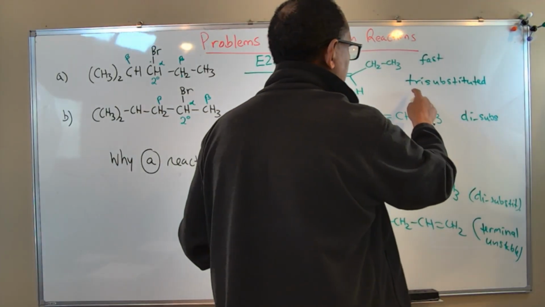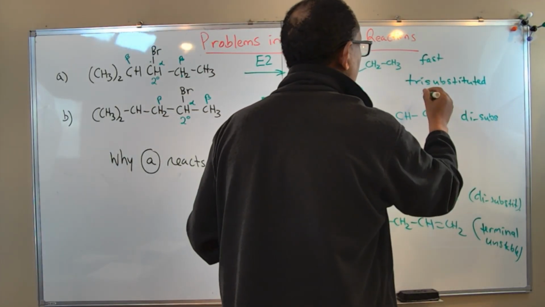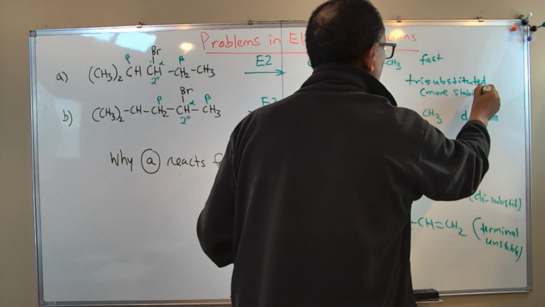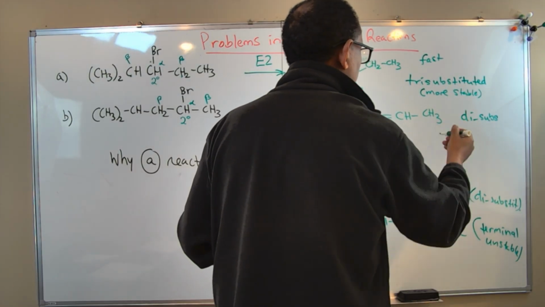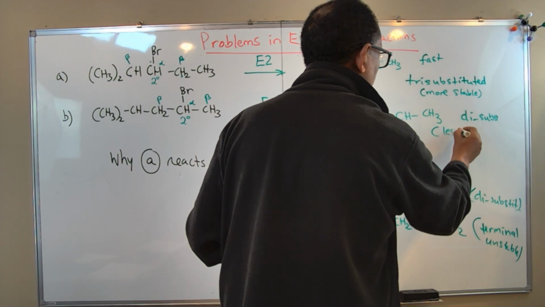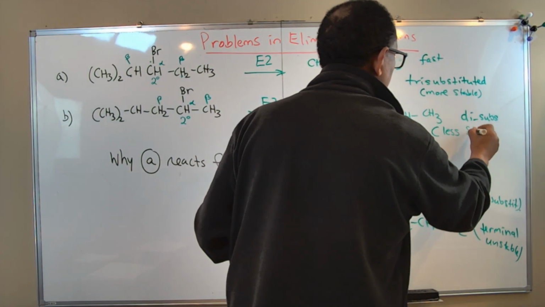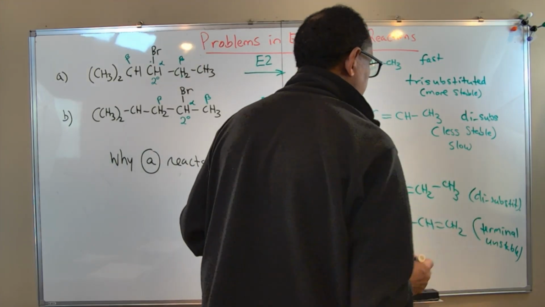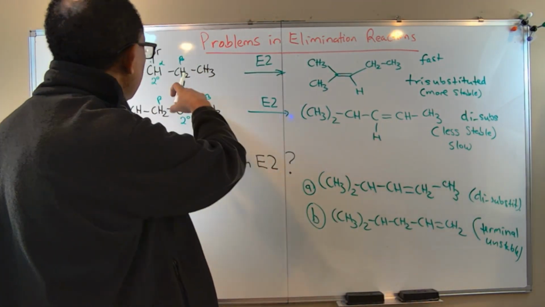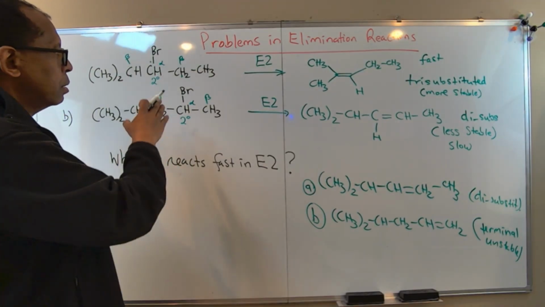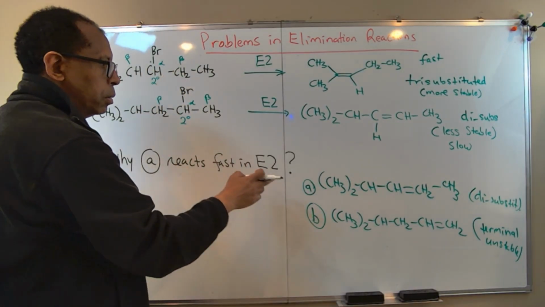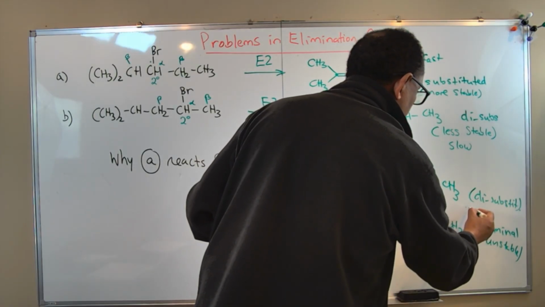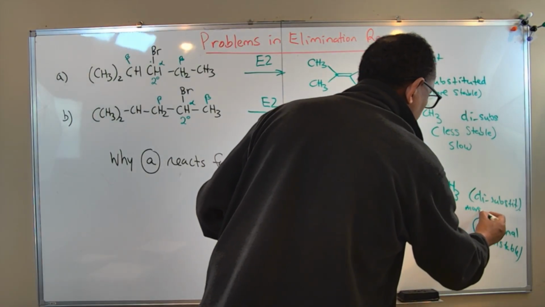This is tri-substituted, it forms fast, it is more stable. The di-substituted is lesser stable as compared to that, so the reaction goes slow. If you consider other beta carbons and beta hydrogens, you'd get these two, di-substituted, better stable, more stable.